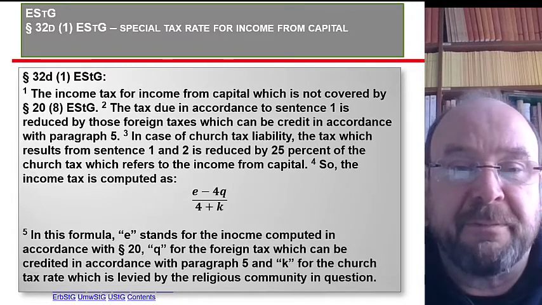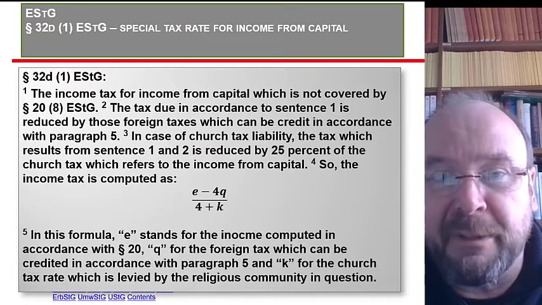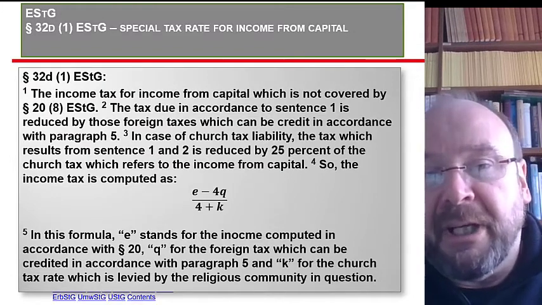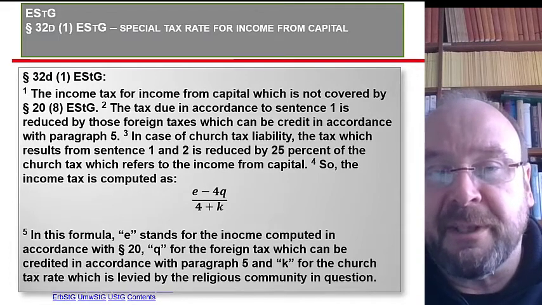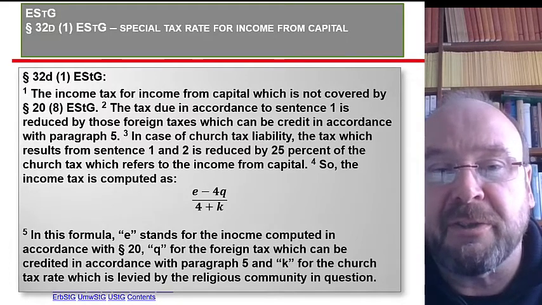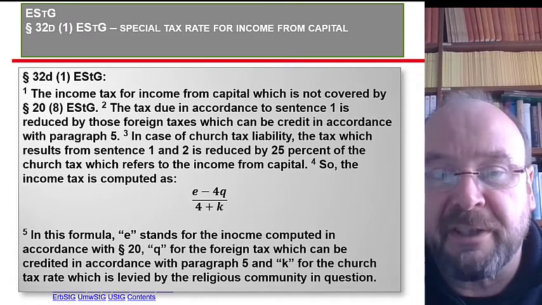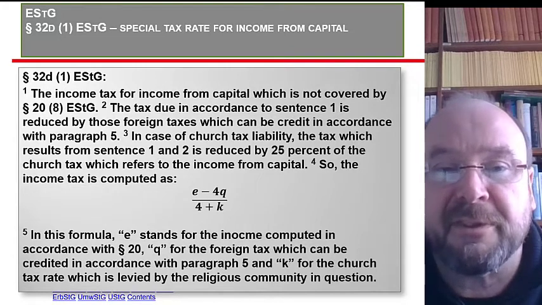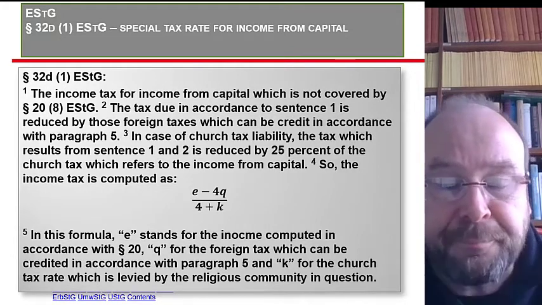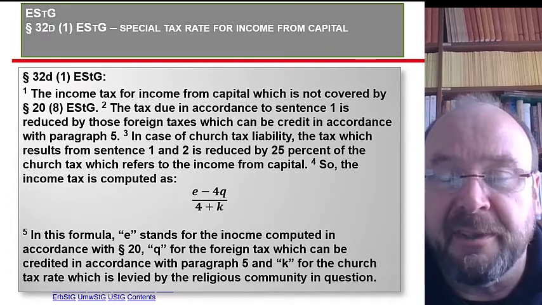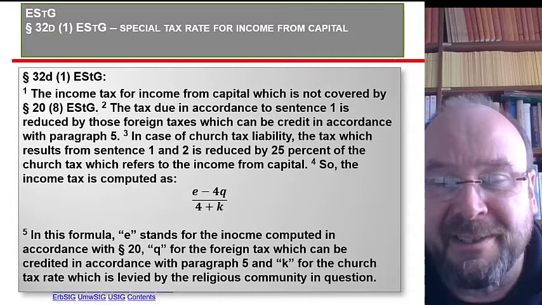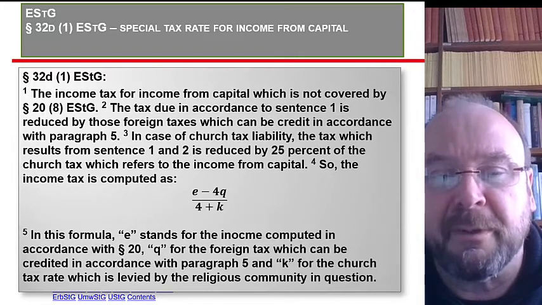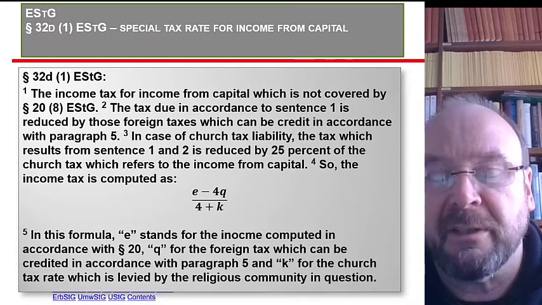Now, that 25% tax rate is rather described in a complicated way, because if you also pay church tax in addition to income tax, so if you are a member of a religious corporation which subjects you to its own tax, which under German constitution can be possible up to a certain degree, then you can deduct that tax from the tax base, and so there is some indirect modification effect, but in principle it's 25%, which you can read here.